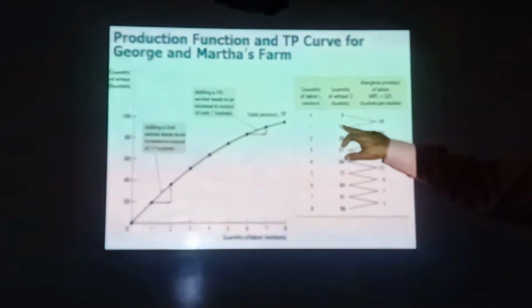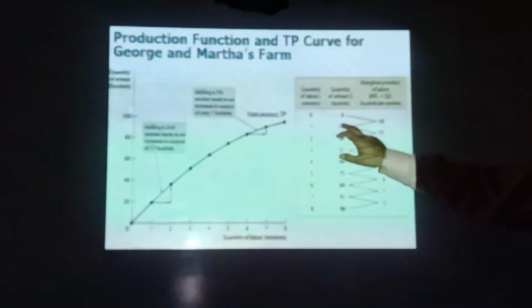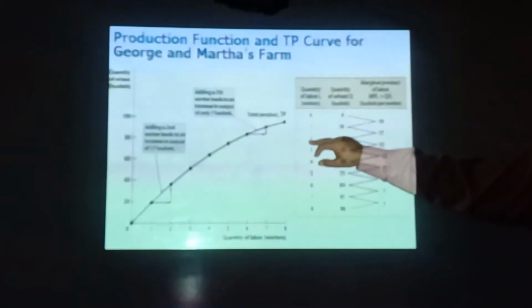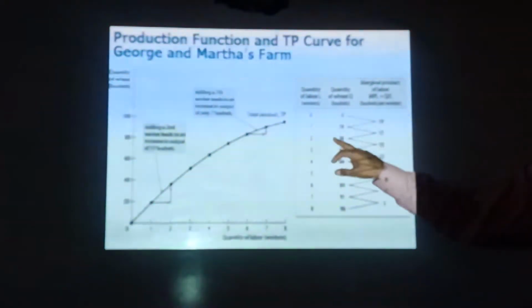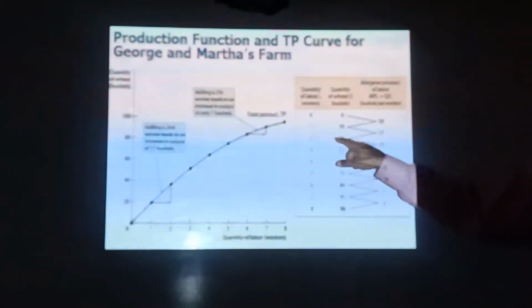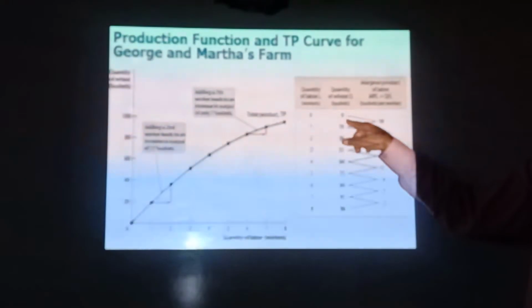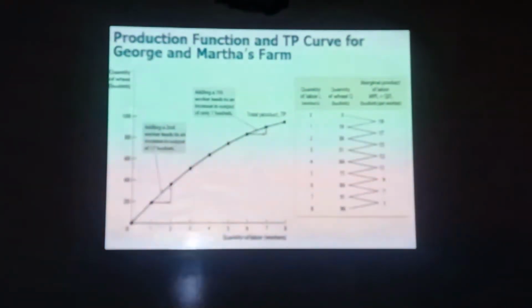When we have added the first one, the total output is 19. When we have added a second laborer to the same lane, the total is 36. But how much contribution is made by the second one? When we subtract 19 from 36, 17 is the contribution of the second one, and so on.